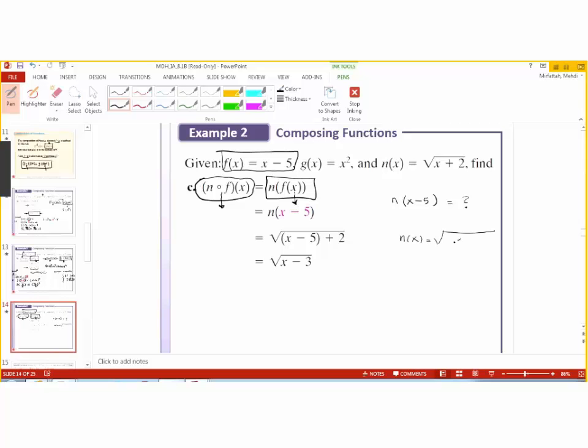Okay, n of x is given to me as square root of x plus 2, then n of x minus 5 would be equal to, you look at that function and everywhere you see x, you substitute it with these values here, which is x minus 5.